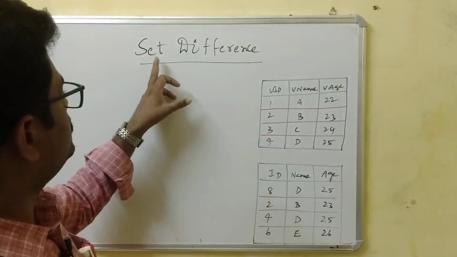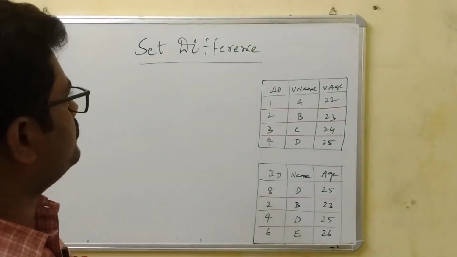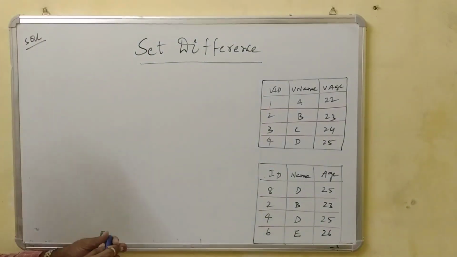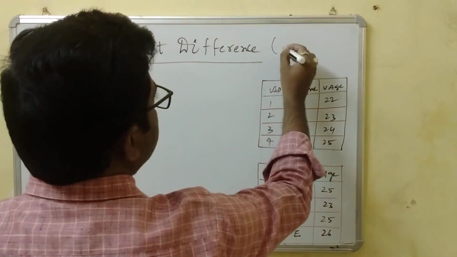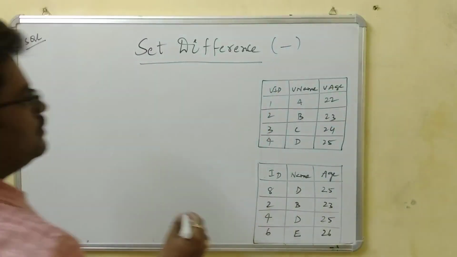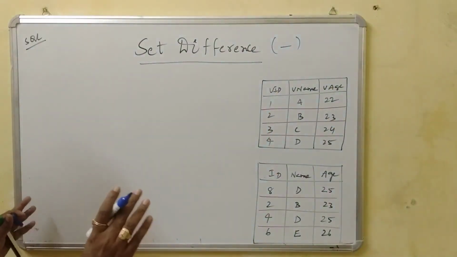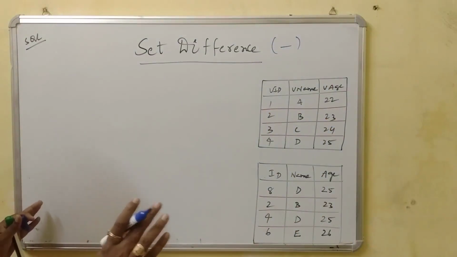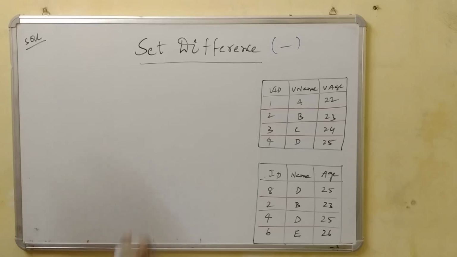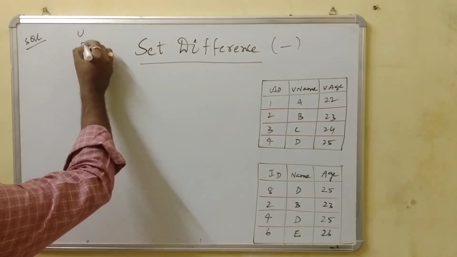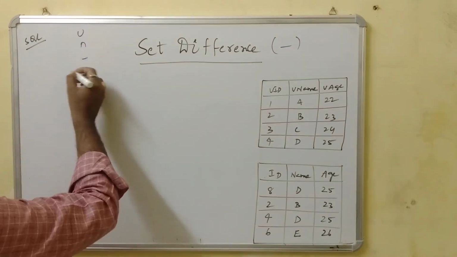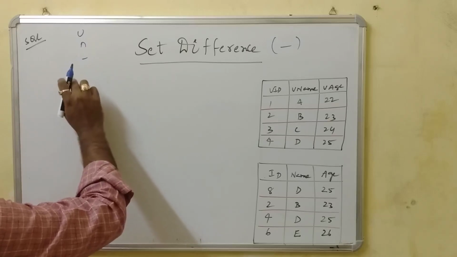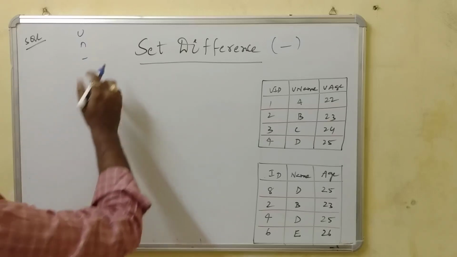So now we are going to discuss the set difference operator. The set difference operator is indicated with the minus operator. As we already discussed the union operator and intersection operator, now we are going to discuss set difference.